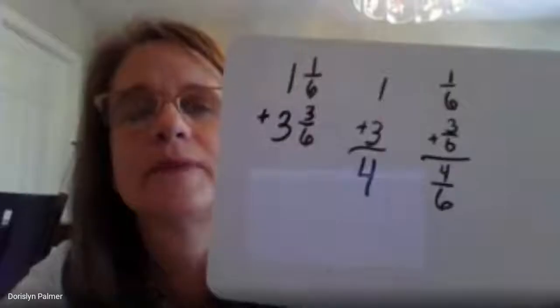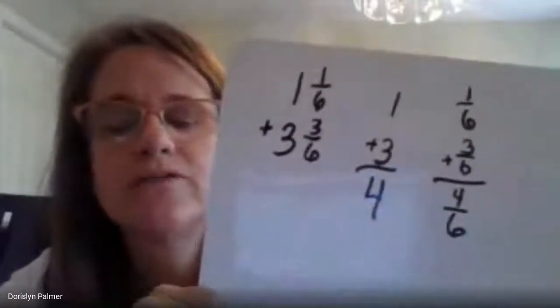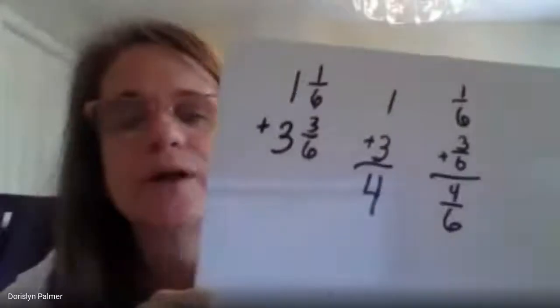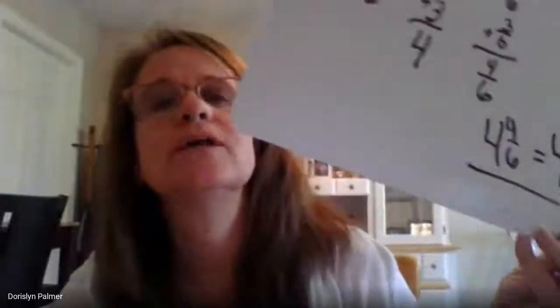This is page 424, number 1. We added the whole number part. And we added the fraction part. And now we're going to put it all together for our final answer, 4 and 4/6. But remember, we always write our fractions in simplest terms. So we're going to reduce that to 4 2/3.